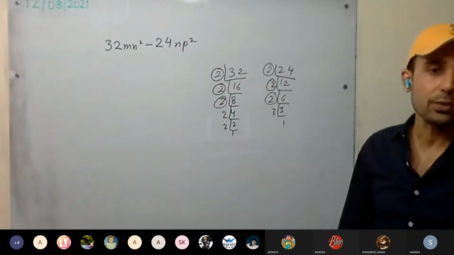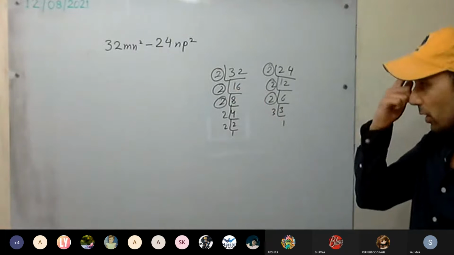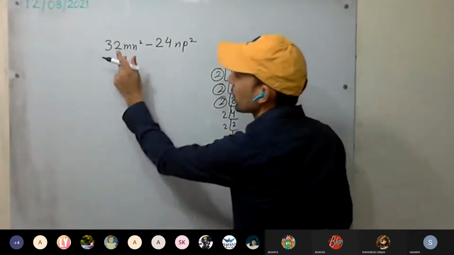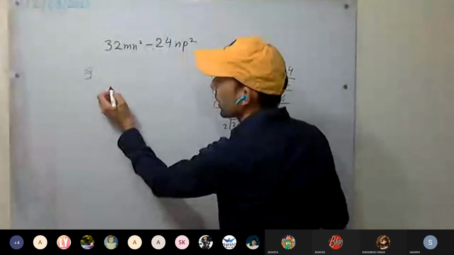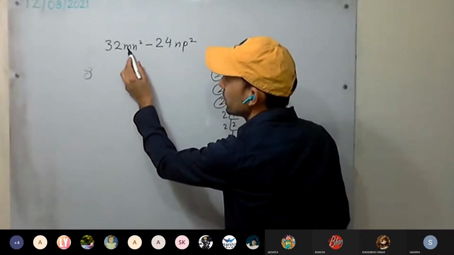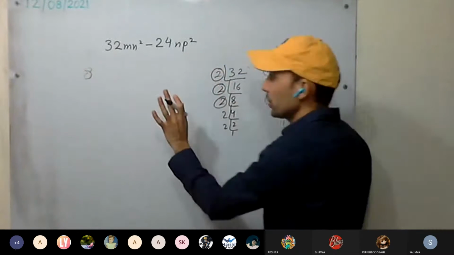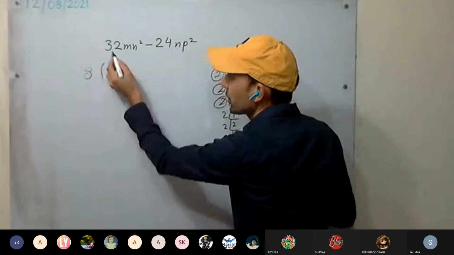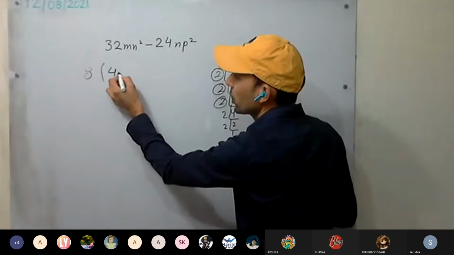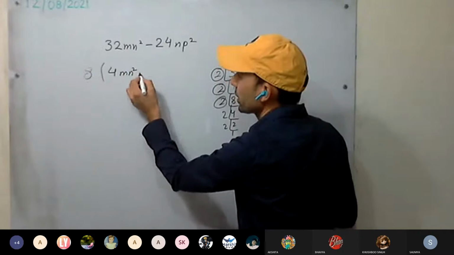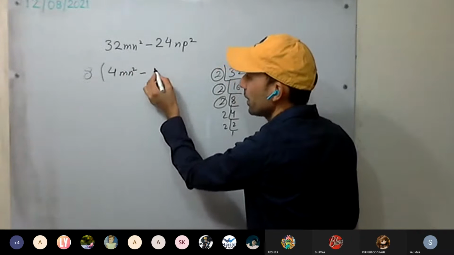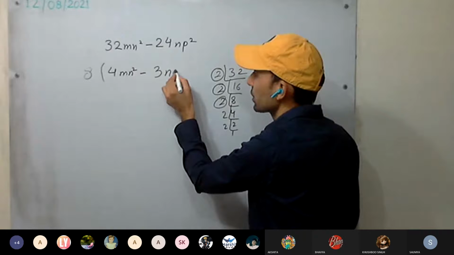So what do you have to take common out? 8 you have to take common out. So for example, if we do it in 2 steps, 8, what will remain inside? 4mn square minus 3p square, since 8 3s are 24 np square.